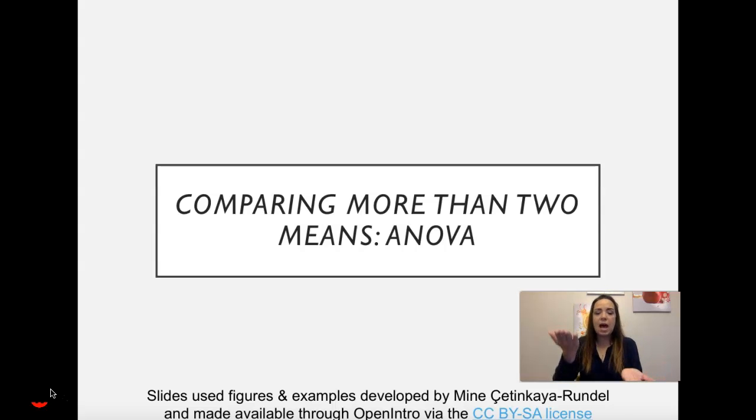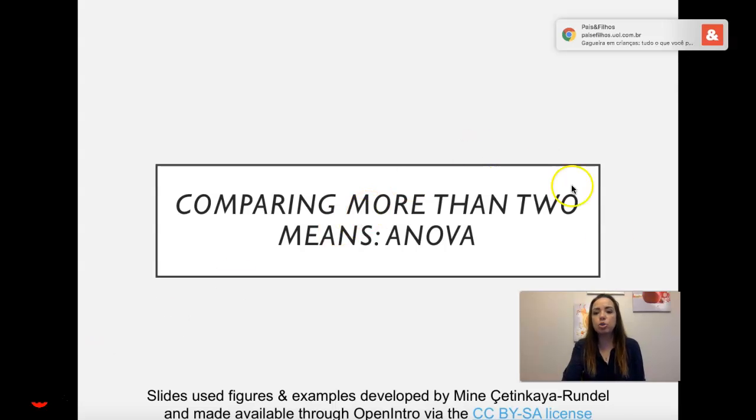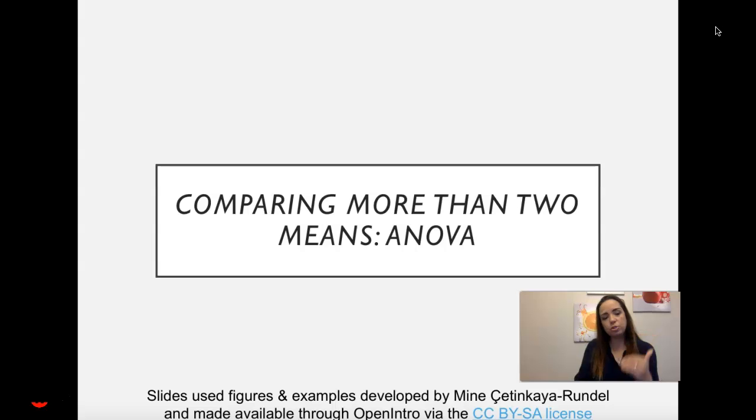Maybe one mean is higher than the other. Maybe the proportion of males being promoted is higher than the proportion of females being promoted. So we are helping ourselves, and if we're presenting the data to others, we're helping others see what is important in the data with respect to the types of questions that we're asking.